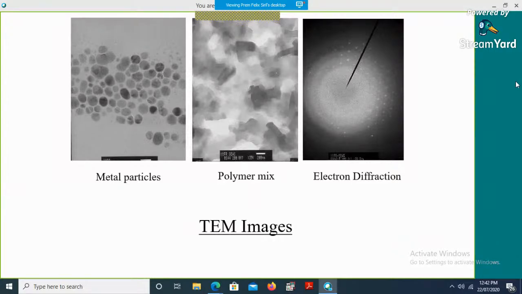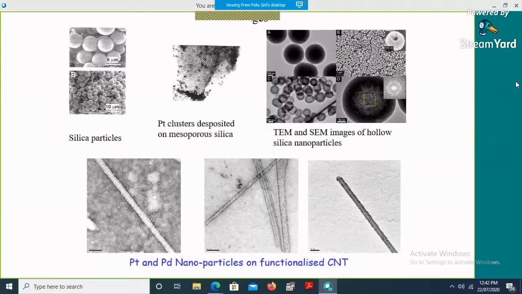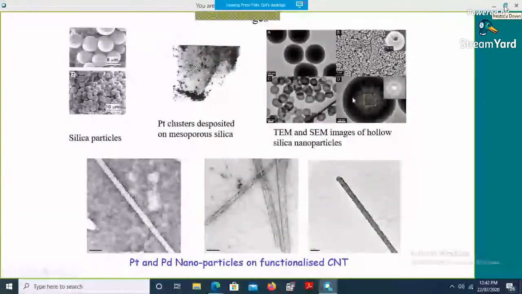Now I will go through some application examples of TEM and SEM, especially to highlight the usefulness of TEM. TEM and SEM are often used to derive complementary information.